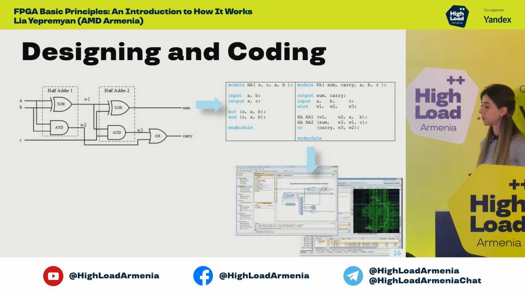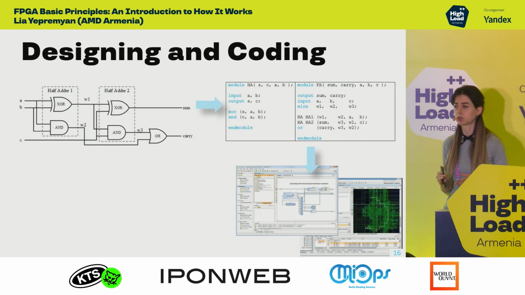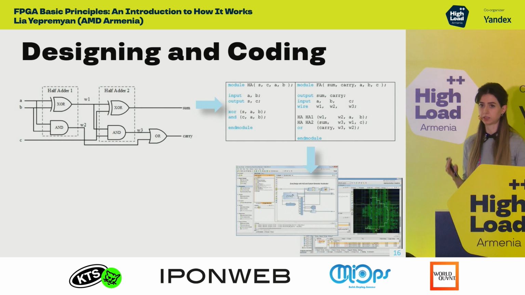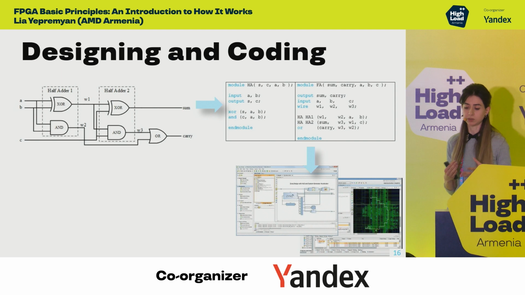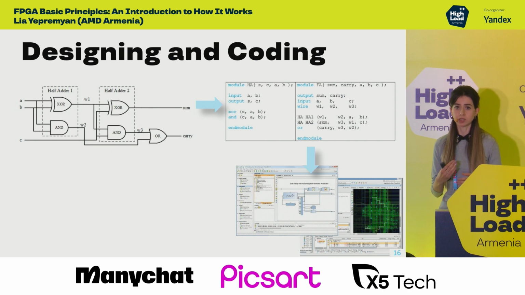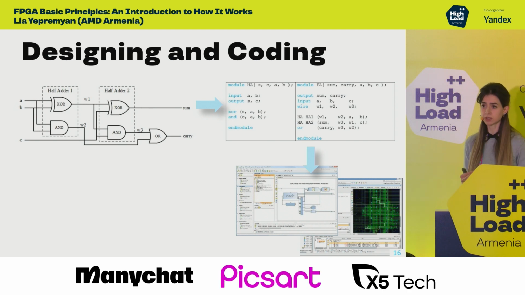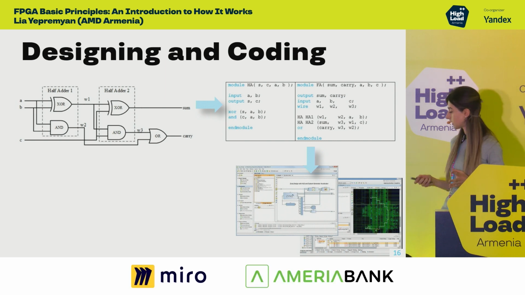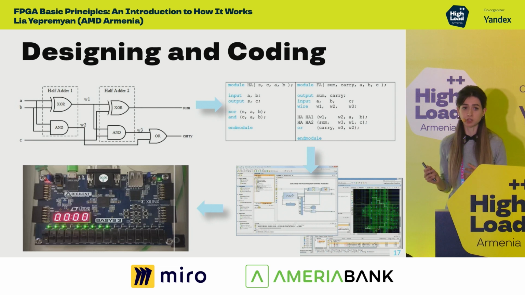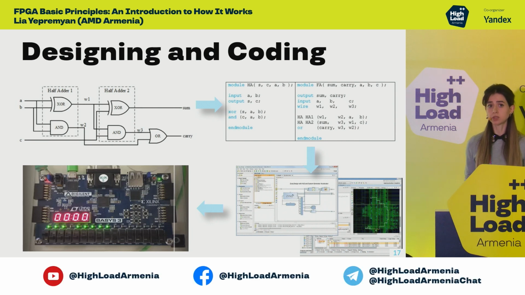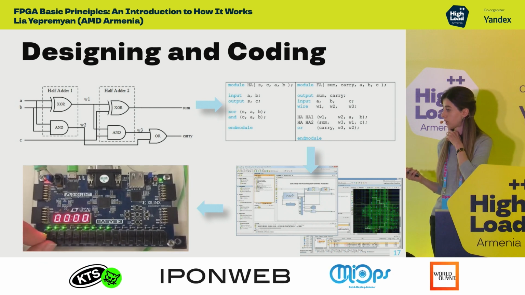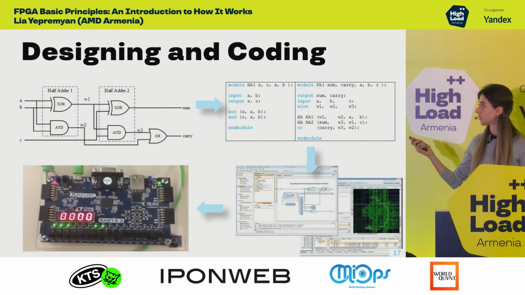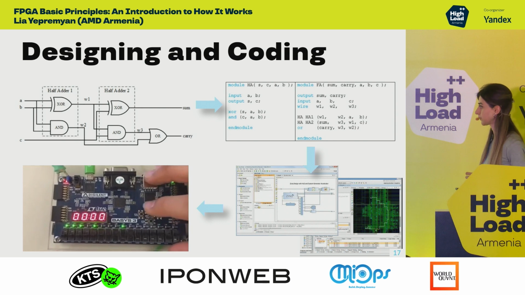After that, it places and routes the blocks into the target FPGA, and after the implementation, the tool generates a bitstream file. This bitstream file is then downloaded into our FPGA board, and the FPGA board is then ready to implement the current task. For us, it's implementing 1-bit full adders.